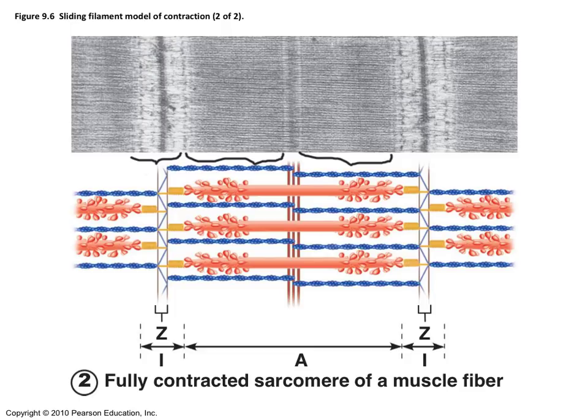I encourage you to take a moment or two flipping back and forth between these two pictures and comparing. Look in particular at the I band. See how the I band changes and gets smaller, and look at how the zone of overlap expands. What's happening is that the entire sarcomere is shortening.